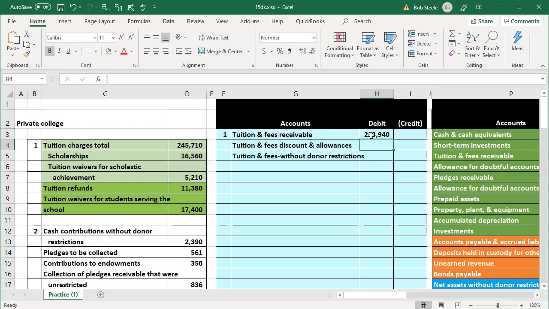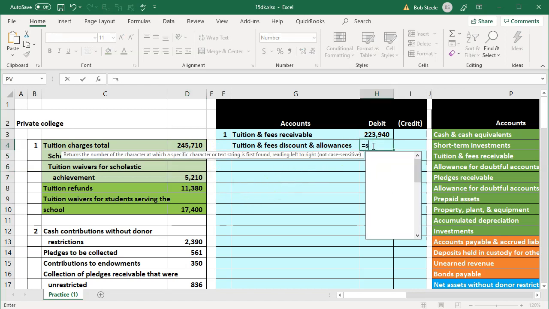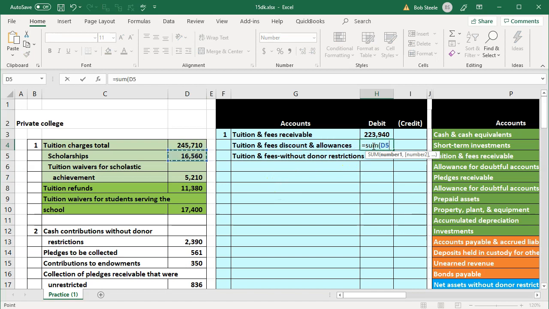And then we've got the discount amounts, and that's going to be these two items. That's going to be the scholarships and the tuition waivers of the $21,770. So I'm going to say this equals the sum of these two amounts. And then we have the total that we're going to include in tuition and fees without donor restrictions, kind of like the revenue account, which will be the sum of these two. Or you can consider just being this number.